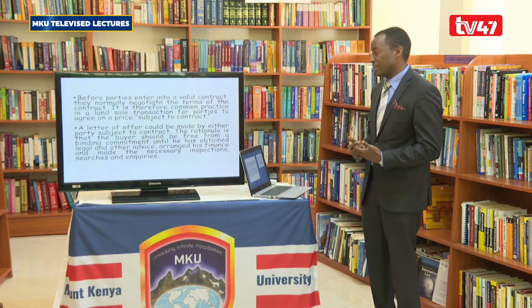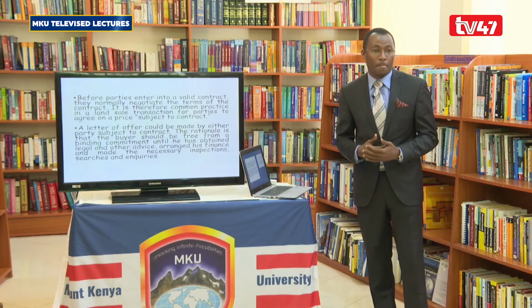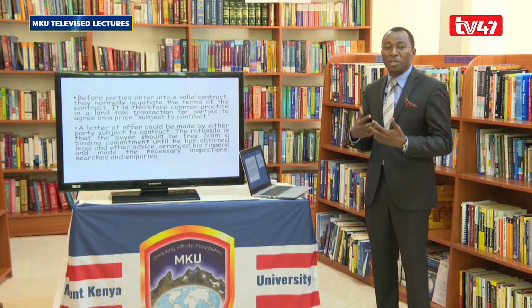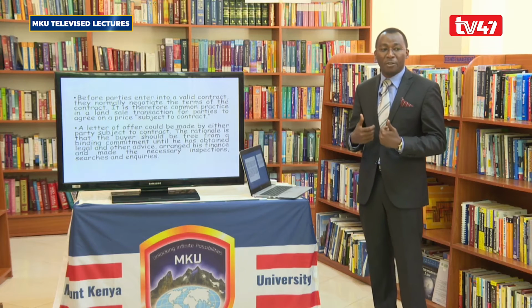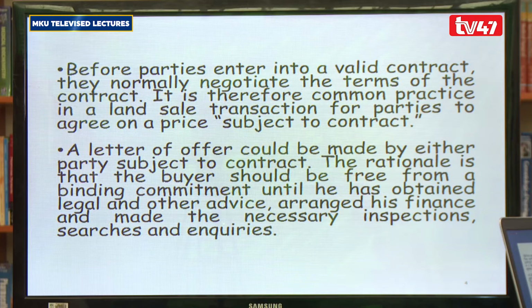What that means is that the offer does not bind the offerer until the offerer and the offeree have entered into the formal written contract. And the thinking why it has to be subject to contract is because this gives the offerer an opportunity to also undertake certain other investigations before they can formally bind themselves in a written contract.